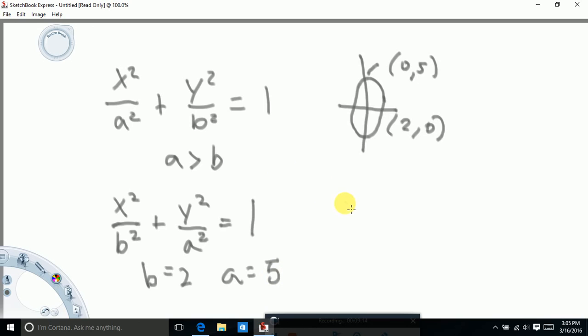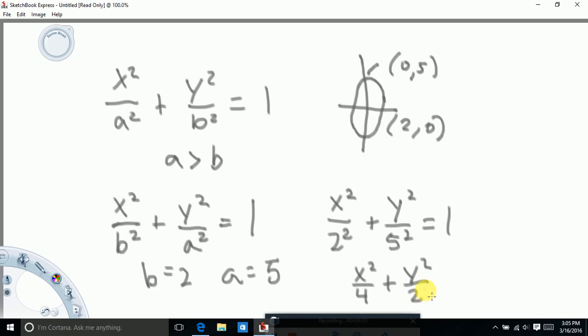So the equation then is x squared over 2 squared plus y squared over 5 squared equals 1, which is x squared over 4 plus y squared over 25 equals 1.